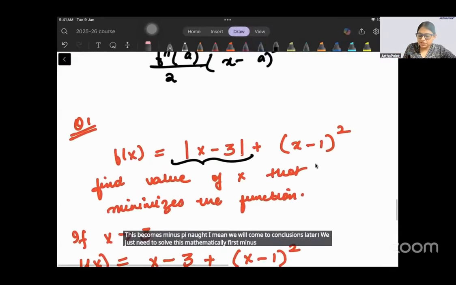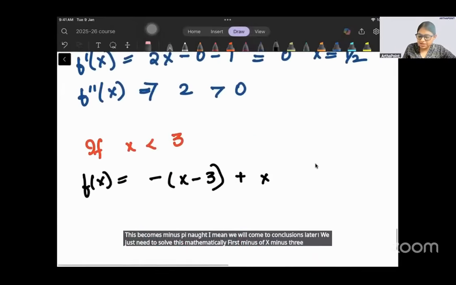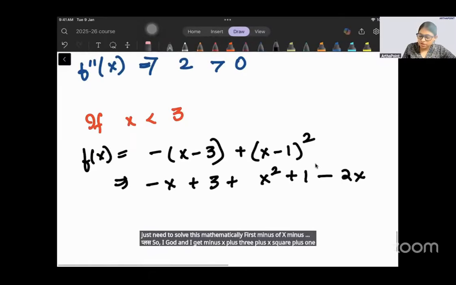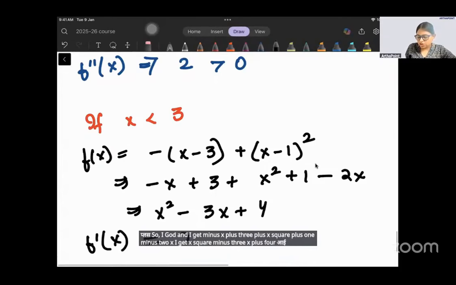Minus of (x minus 3) plus (x minus 1) whole square. So I go ahead and I get minus x plus 3 plus x square plus 1 minus 2x. I get x square minus 3x plus 4. I differentiate the function. I get 2x minus 3 equal to 0. x is equal to 3 by 2.